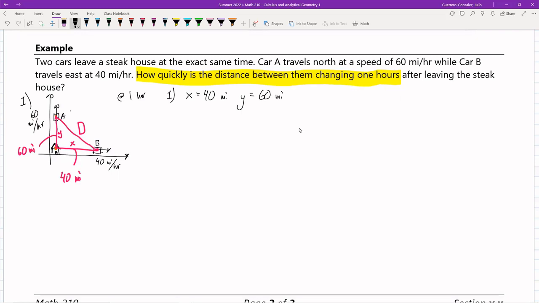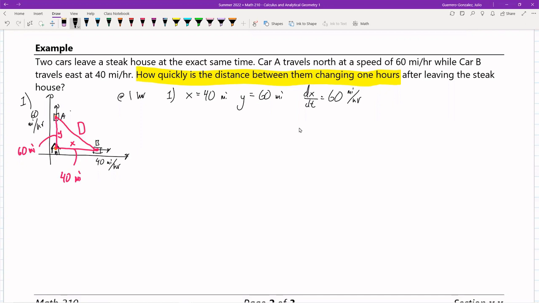Here comes the fun part. We have to denote some of the calculus that we need to write down. We have dx over dt, the rate of change for car A, this is the 60 miles per hour.